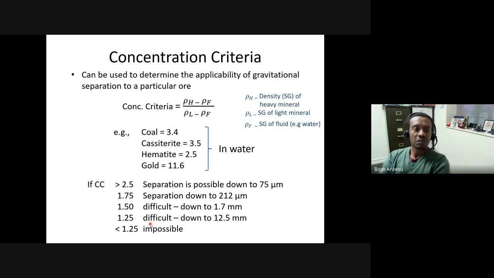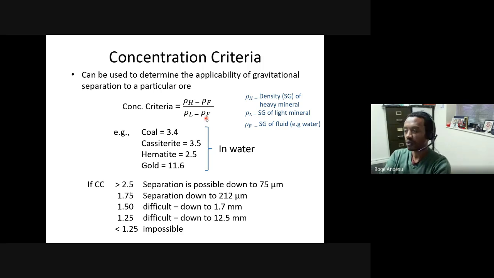So how do we know if gravity separation is applicable or not in a typical ore? You can use the so-called concentration criteria. The concentration criteria tells you whether gravity separation is most likely to give you benefit or not. Okay, so it is dependent on the density of heavy particles minus the density of the fluid, divided by the density of the light minus the density of the fluid.